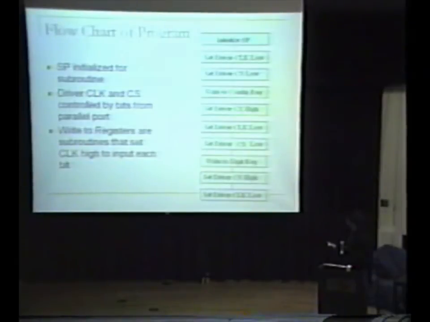And then the chip select needs to be set high, then clock needs to be set low, chip select low, then you can write to the digit registers. Then once you set chip select high and clock low, the digit will display.